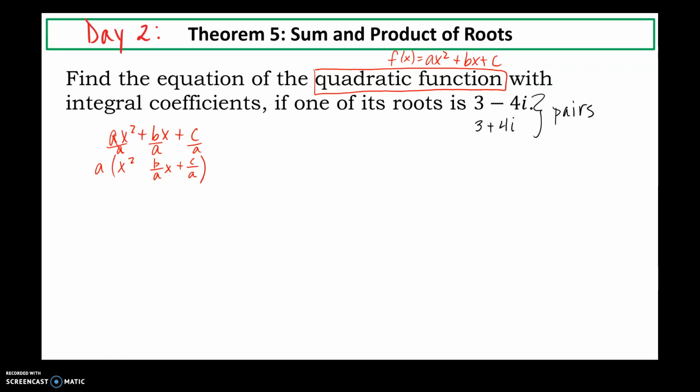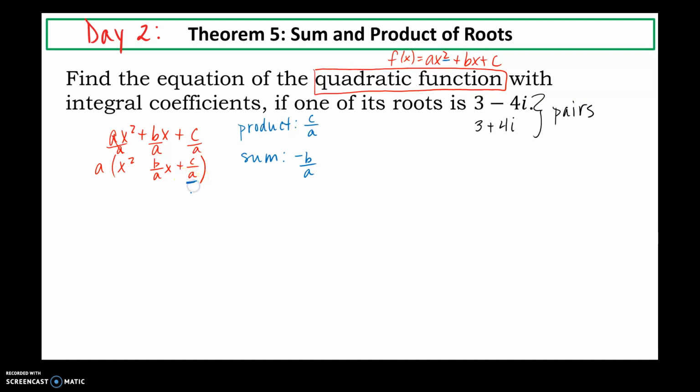So n is 2. It's an even function, so I know the product of the roots is c over a. I know the sum of the roots is negative b over a. Let me use all lowercase here. So look at here.